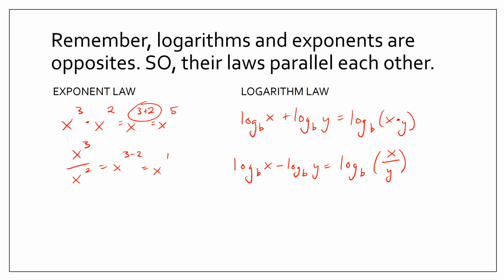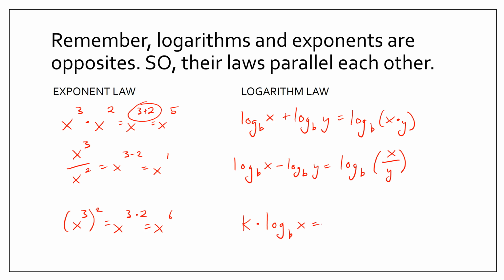The last exponent rule we had was if I had a power to a power, so x cubed squared, I need to multiply those exponents. So in this case, it'd be x to the 6th. This parallel is kind of bizarre, but it's actually my favorite. Let's say you have something multiplying the logarithm. So let's say I have k, just being any number, times log base b of x.